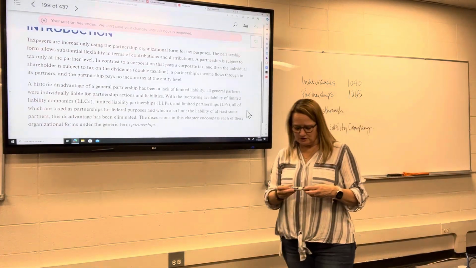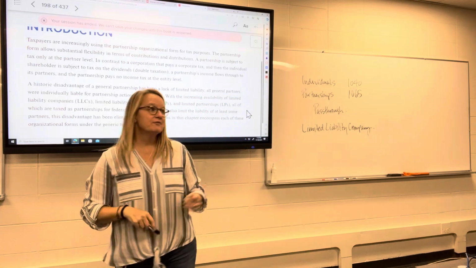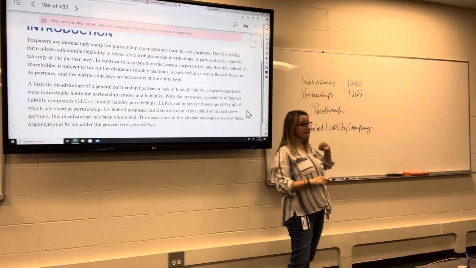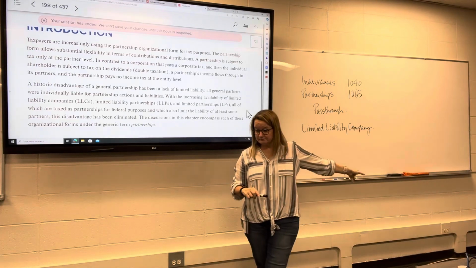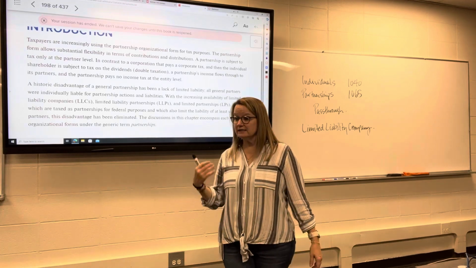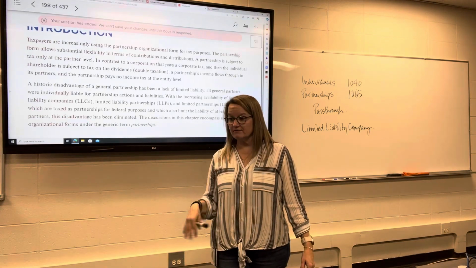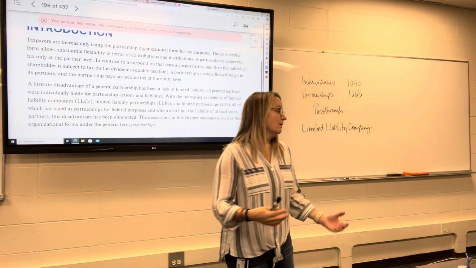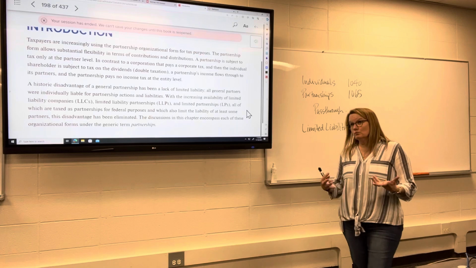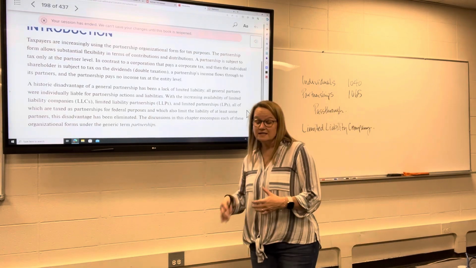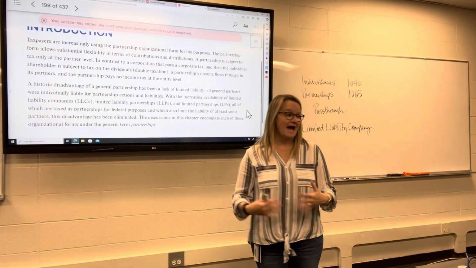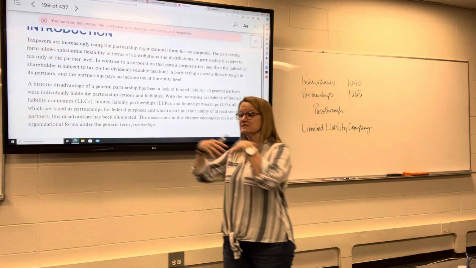One of the disadvantages of partnerships, if they are not organized legally as a limited liability company, is that the owners of the partnership are personally liable for the activities of that partnership. Now, one of the big reasons they'll form corporations is to protect themselves from personal liability for the actions of the corporation, because now it becomes a separate legal liability.